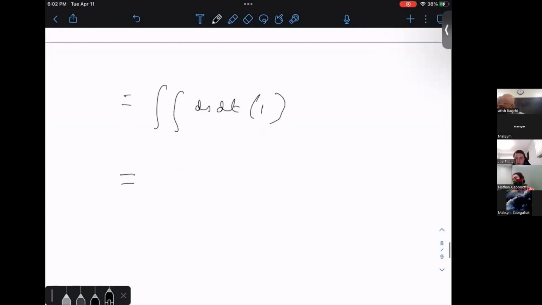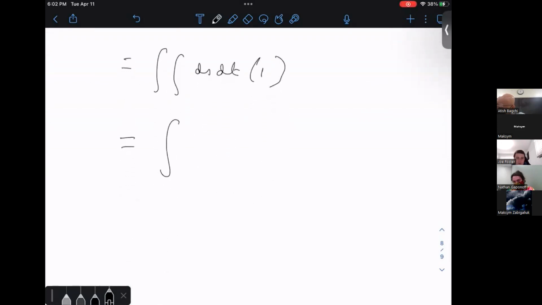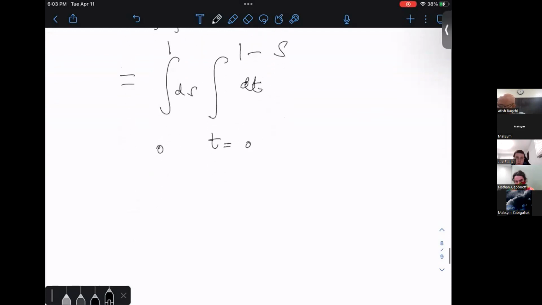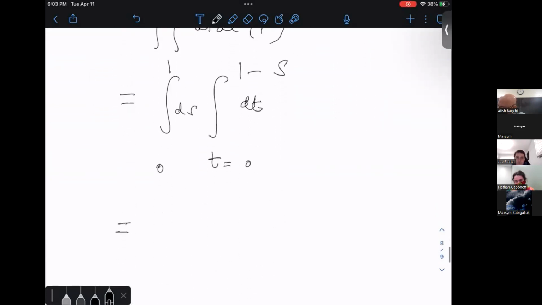So first we integrate over dt, t going from 0 to 1 minus s, and then ds goes from 0 to 1. Now I understand why it will not give you the surface area, sorry. So this integral needs to be carried out.